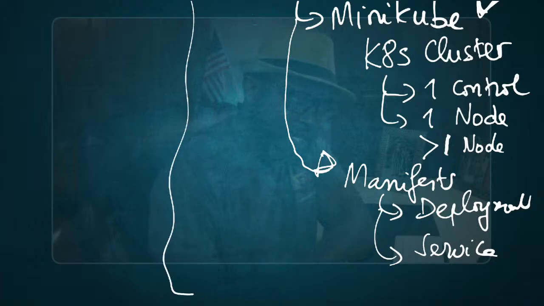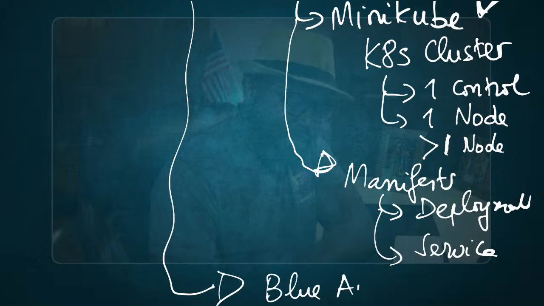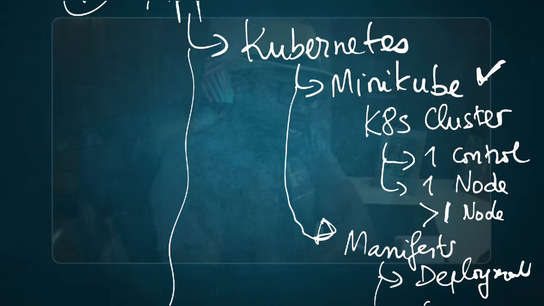What we had was the blue app and then the green app. So this is one way to do it, by using Kubernetes. You can use this to deploy your services or your applications.